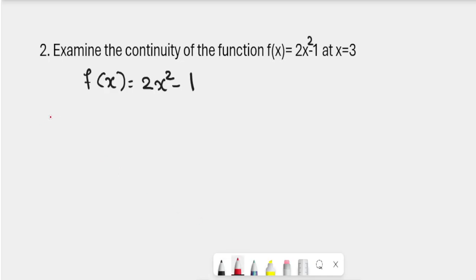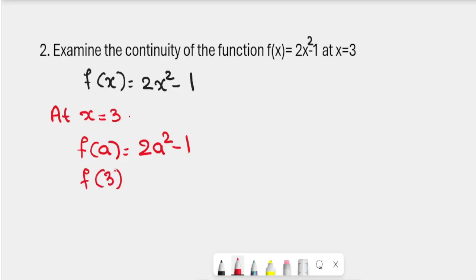Now at x equals 3. First, what is f of a? F of a is 2a square minus 1, right? So f of 3, a is given as 3. So f of 3 is, now put a as 3. 2 times 3 square minus 1, that is 18 minus 1, which is 17. Okay, this is f of 3.